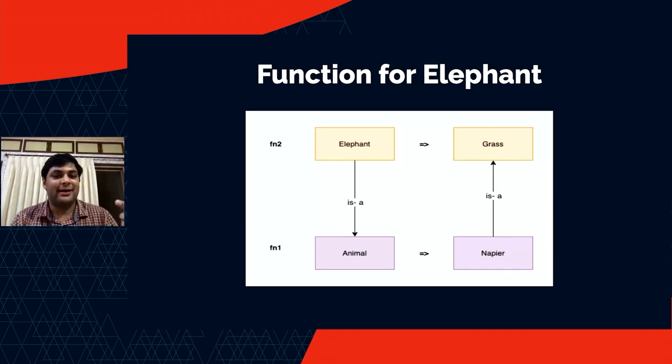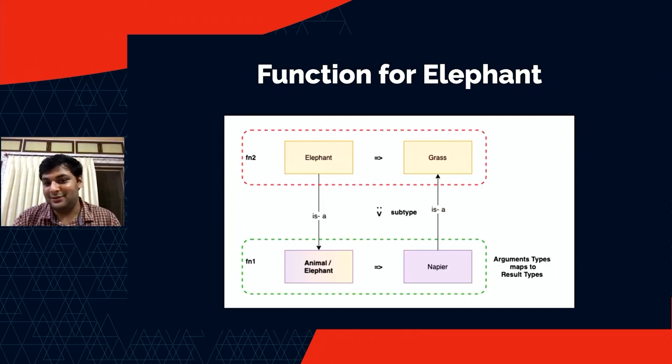Since Elephant is a subtype of Animal and Napier is a type of Grass, as we know, by the Liskov substitution principle, Elephant can be substituted as Animal in Function1. So we do that and we get Napier, which is a subtype of Grass, and therefore we are maintaining this particular mapping with the input and the output.